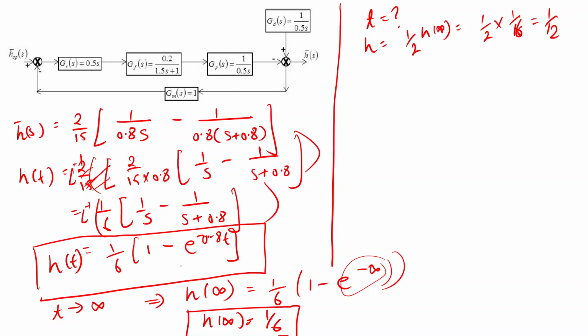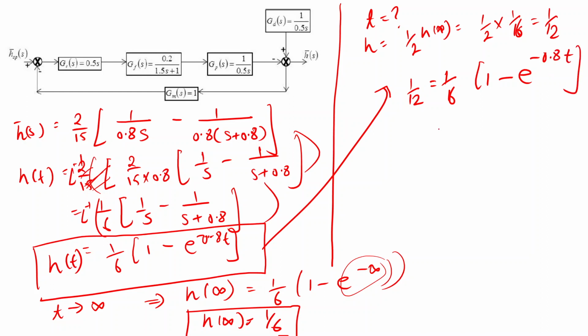So in this equation we can simply put h equal to 1 by 12 and equate it to find the value of time. So 1 by 2 is equal to 1 minus e raised to minus 0.8 t, that is e raised to minus 0.8 t is 1 by 2.